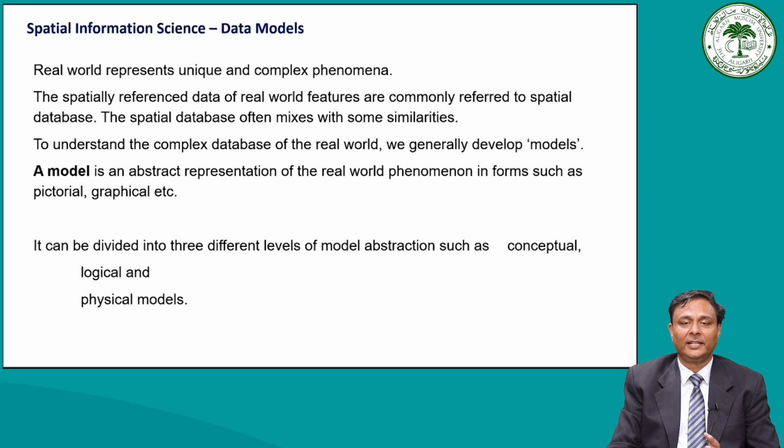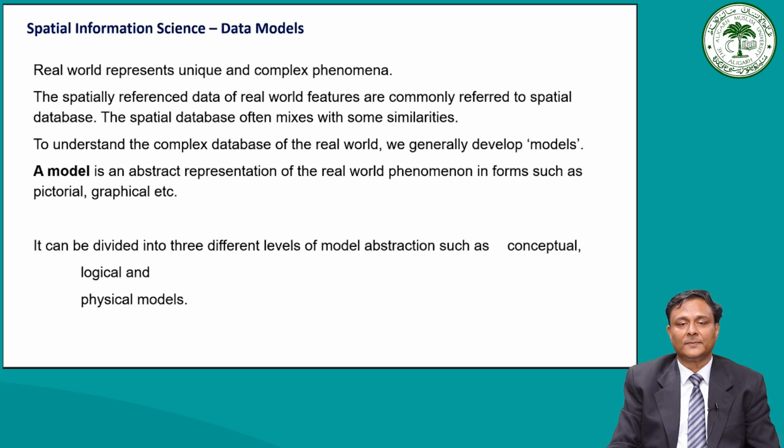Here the spatially referenced data of real world features are commonly referred to as a spatial database. The spatial database often mixes with some similarities, and to understand the similarities in the complex database of the real world, we generally develop models.